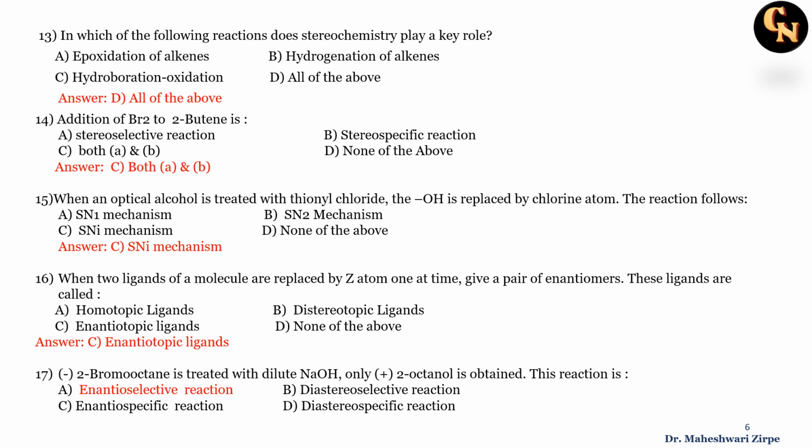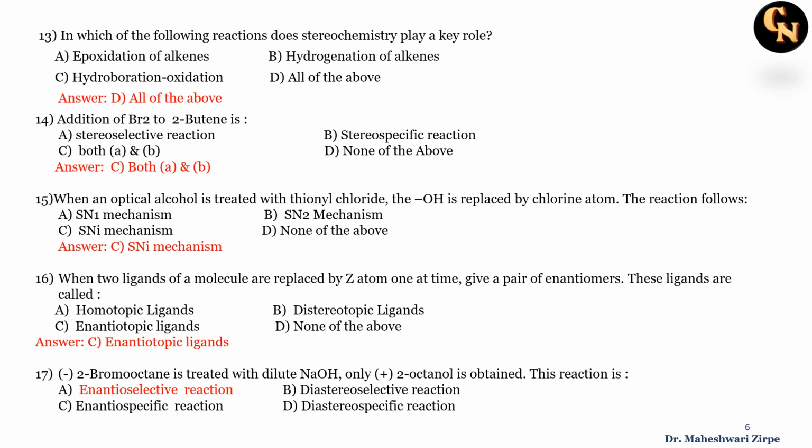Addition of bromine to 2-butene is dash. We have seen previously, in the second slide, bromination of 2-butene both for cis as well as trans. We have seen that cis-butene always gives us a meso product and trans-butene gives the racemic mixture.